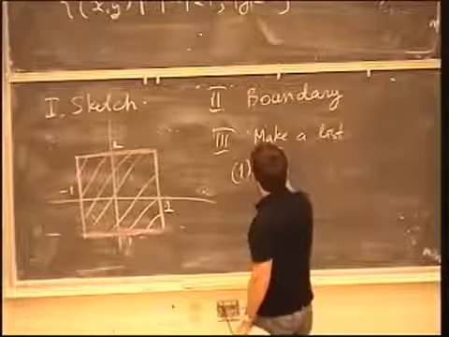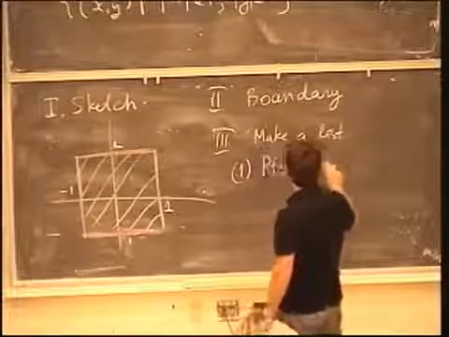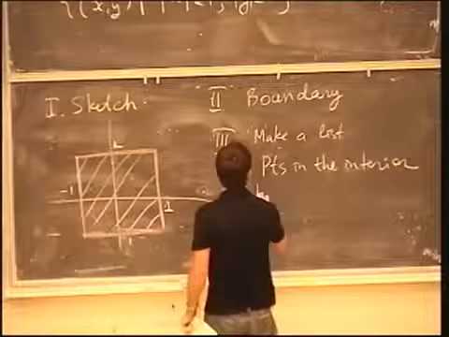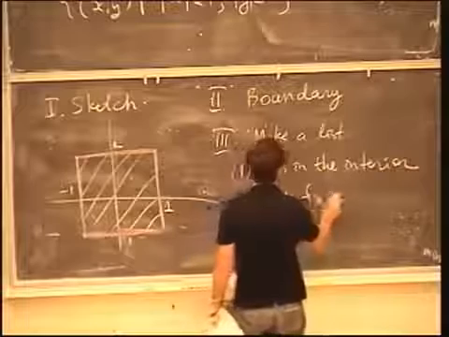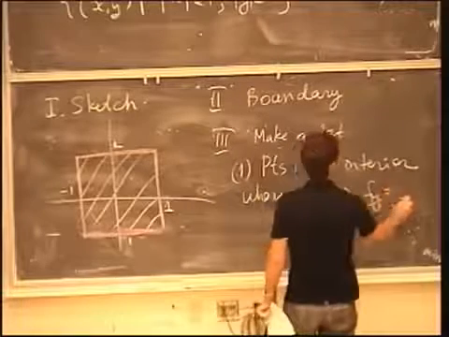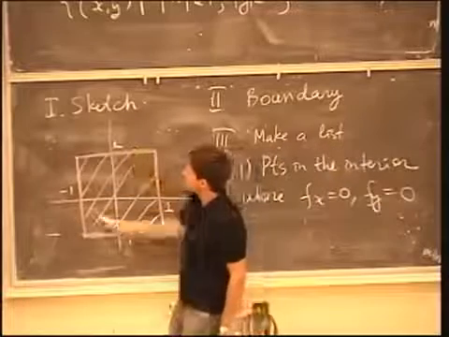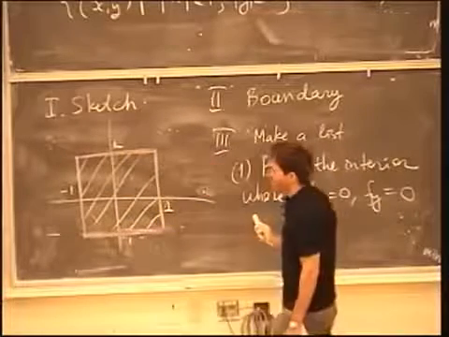The first are points in the interior where both partial derivatives are 0. What do I mean by interior? Interior means everything except the boundary. Okay?